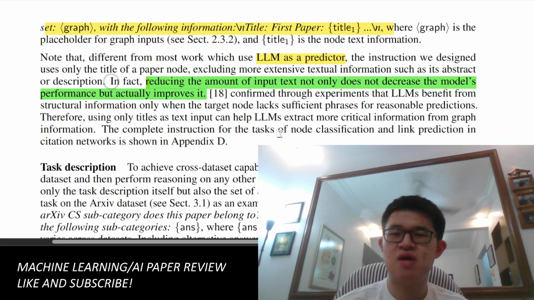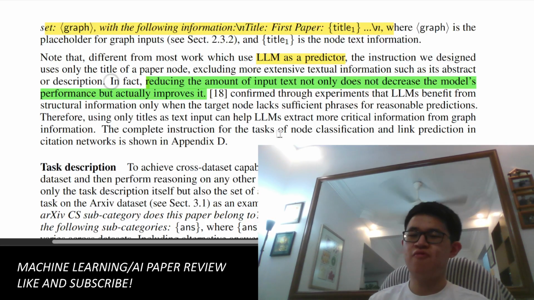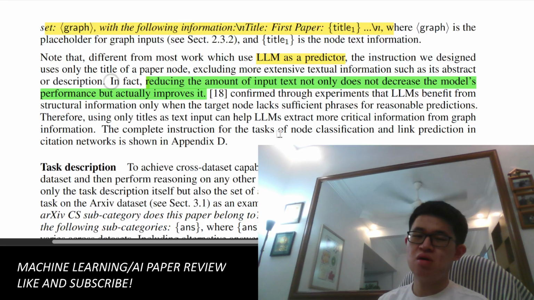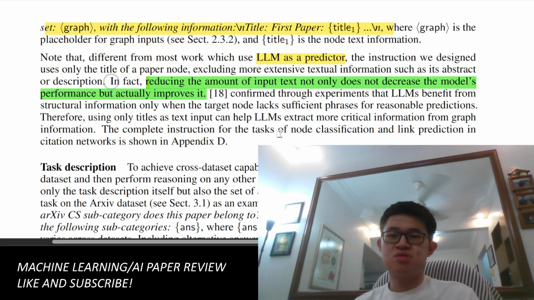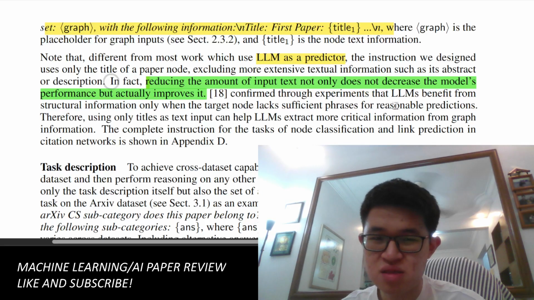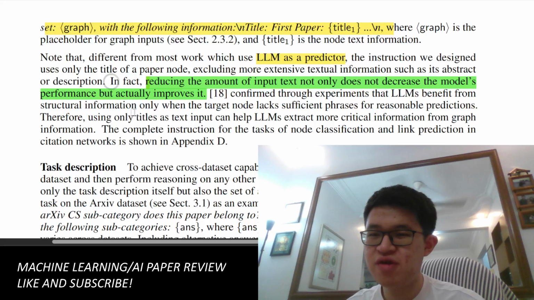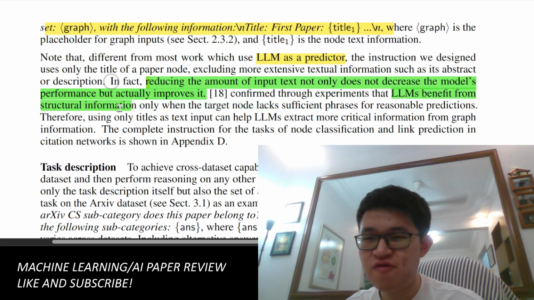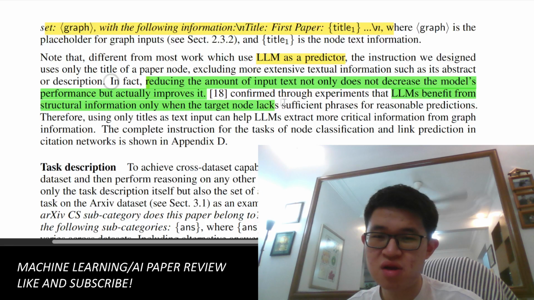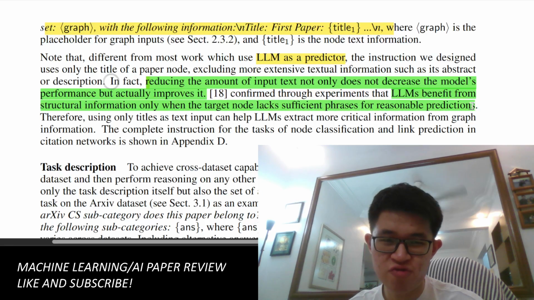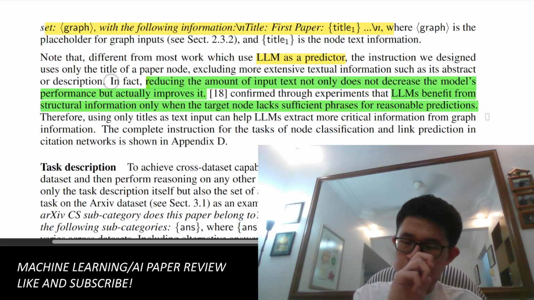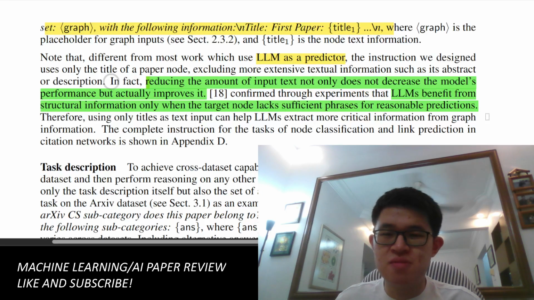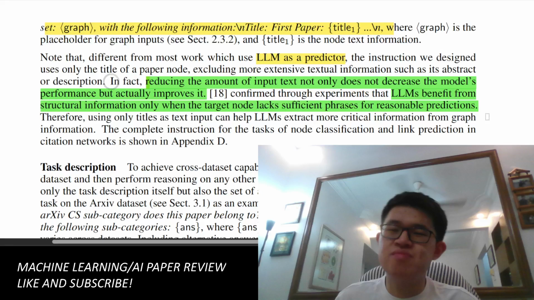Reducing the amount of input text does not decrease the performance, but actually improves it. There's a paper that confirmed that LLMs benefit from structured information only when the target node lacks specific phrases for reasonable predictions. Therefore, using titles as a text input can help LLMs extract more critical information from graph information.